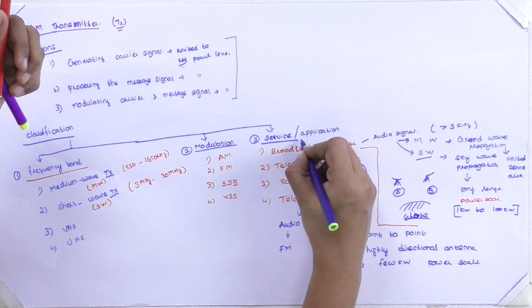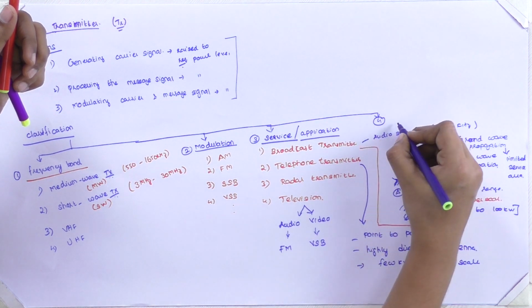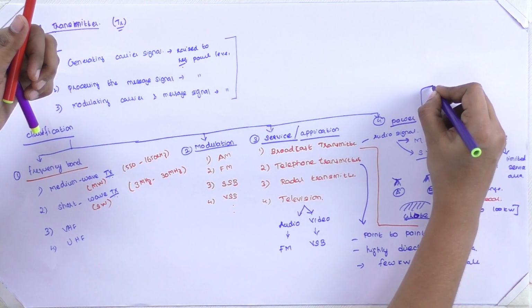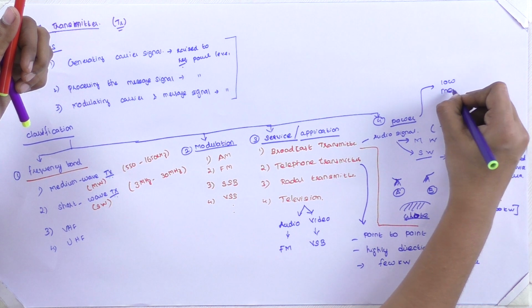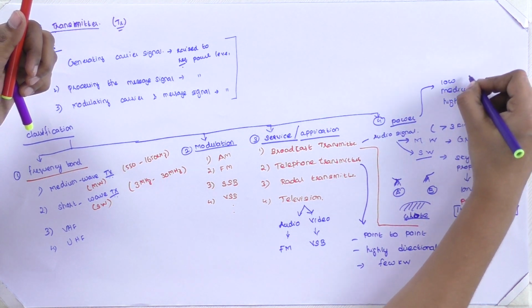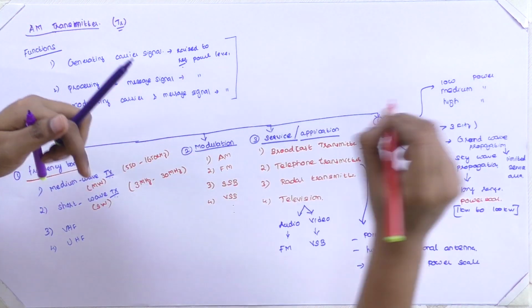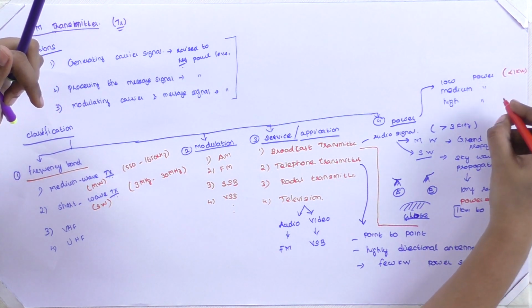How our transmitter is employed in the real world. The fourth one is based on the power level: low power, medium power and high power. If I have a power scale of less than 1 kilowatt, then it is referred to as a low power transmitter.